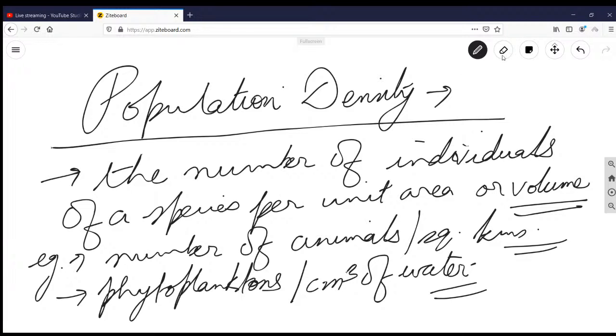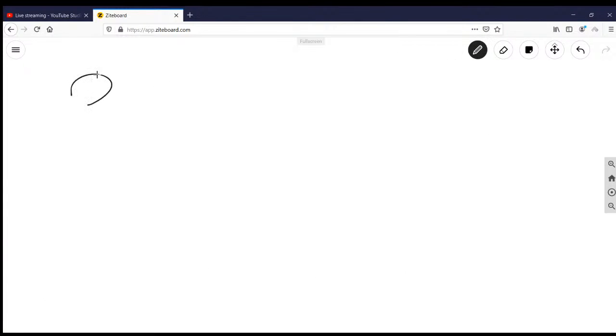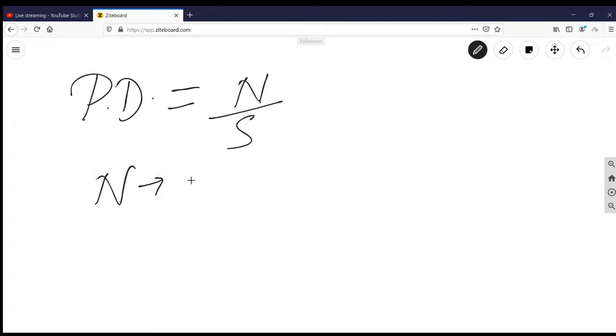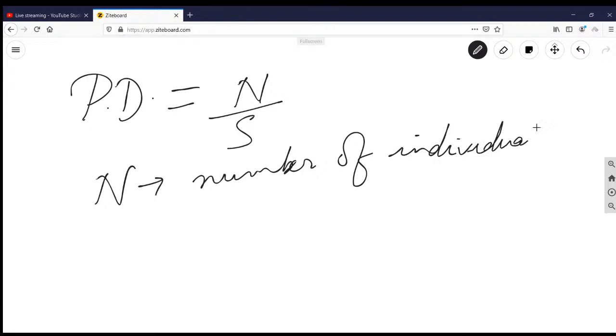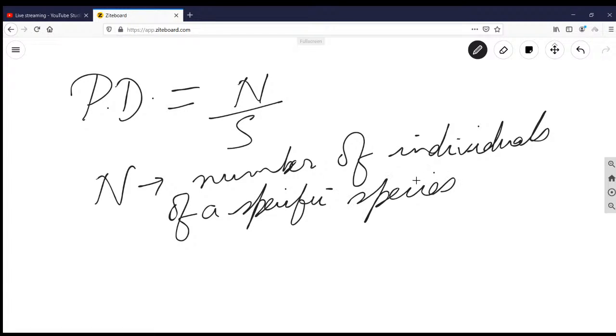So mathematically, if you write the formula of population density, okay, that is equal to N by S, where N is number of individuals in a region of a specific species, because you cannot collectively call the population of ducks and turkeys together. Duck population is different, turkey population is different.